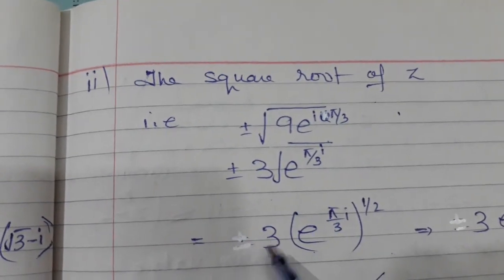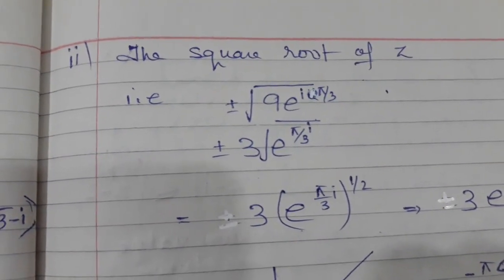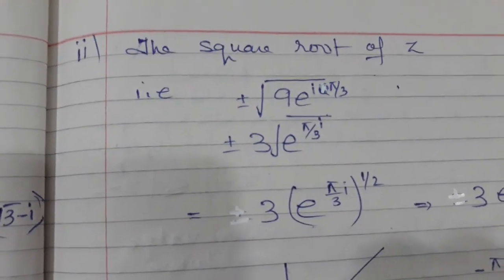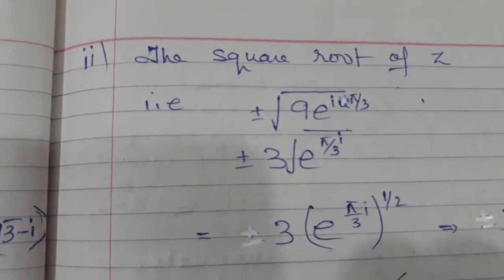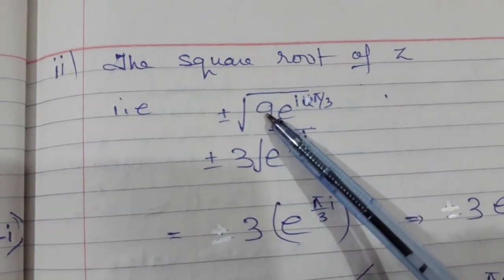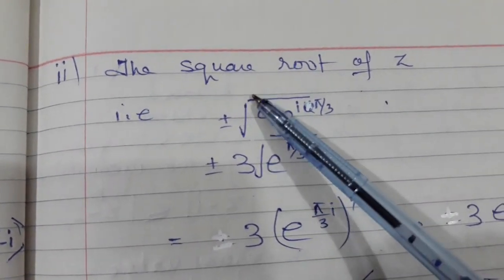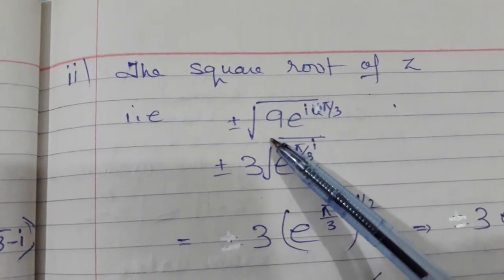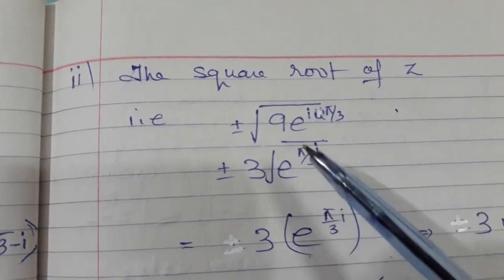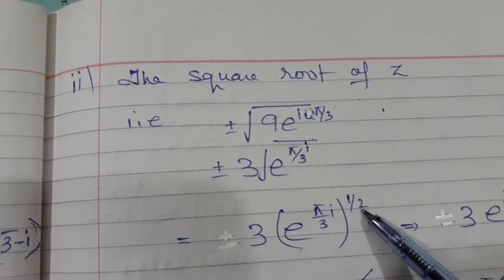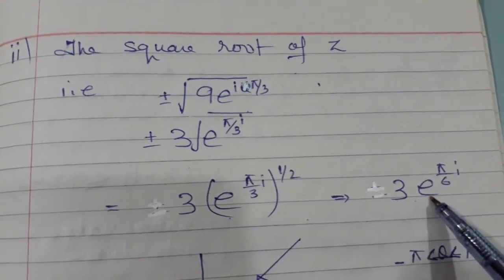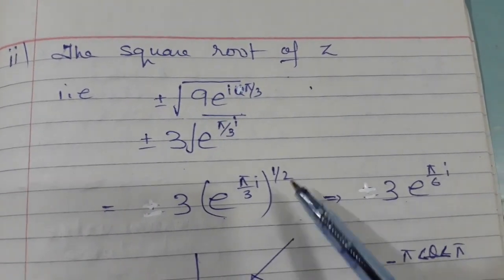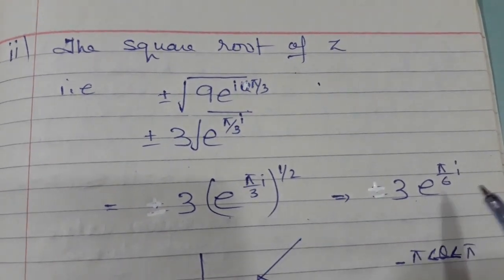Now I will use only plus because conventionally r represents a length, and for length we just talk in terms of a number. We are not talking about minus in this case. So root 9 is 3, and when we remove the radical sign, the square root sign, we use power half. So it will become 3e^(i pi by 6), because half of pi by 3 is pi by 6.